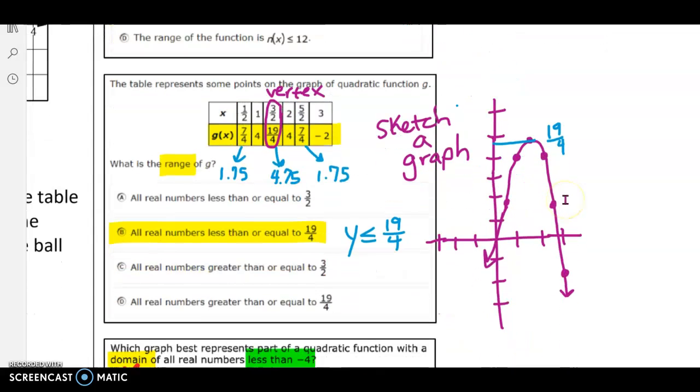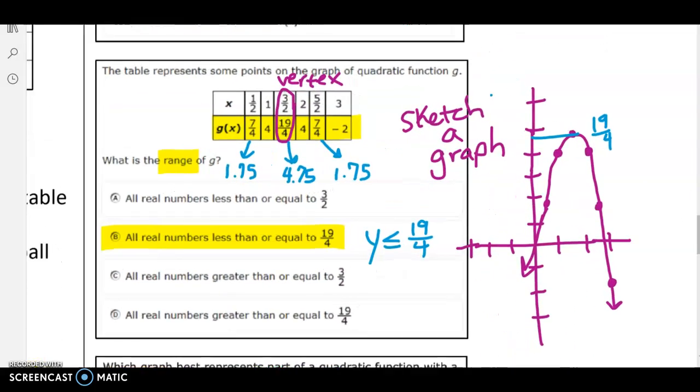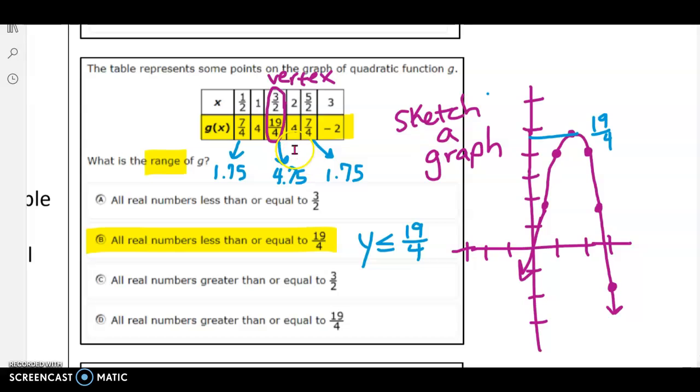Now, the second one, I will admit, was pretty tricky, okay? Because it had fractions, but guess what? You can find out what these fractions are as decimals. See, I wrote them out right here. And so it went from 1.75 to 4 to 4.75, back down to 4, back down to 1.75. So you can see it slowly got bigger and then started getting smaller again.